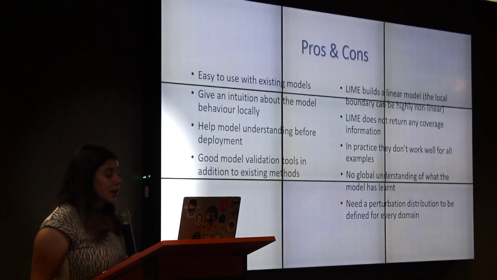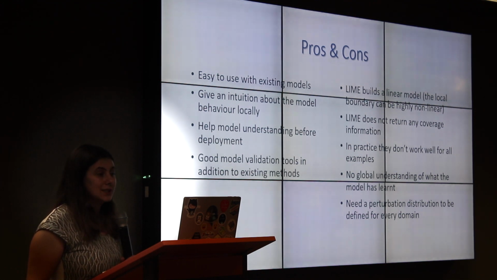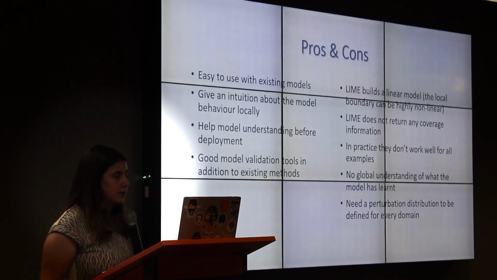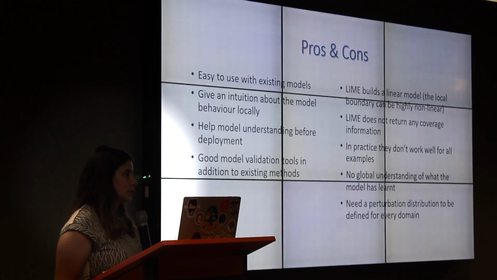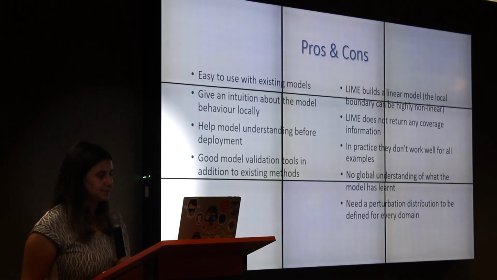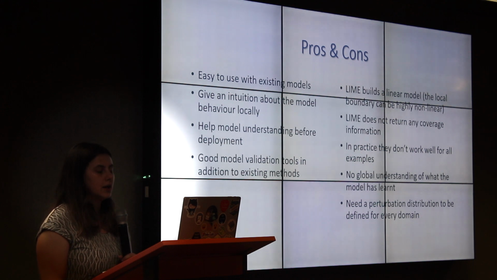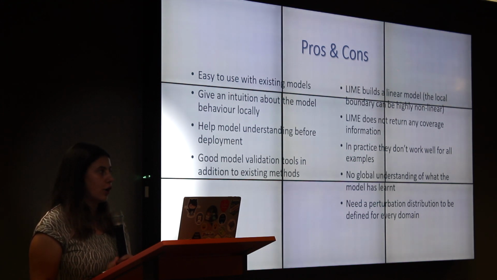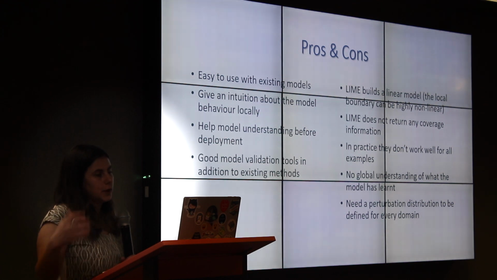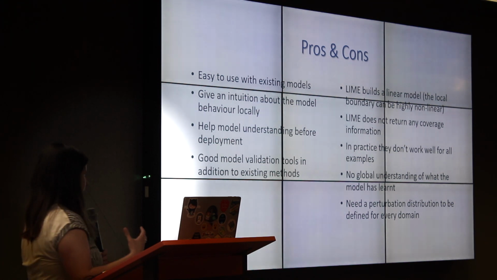In practice, they don't work well for all examples. They work really, really well for certain cases, but they don't work as well for others. So it's very important to understand that they are not bulletproof. They're new techniques, and people are starting to experiment with them.